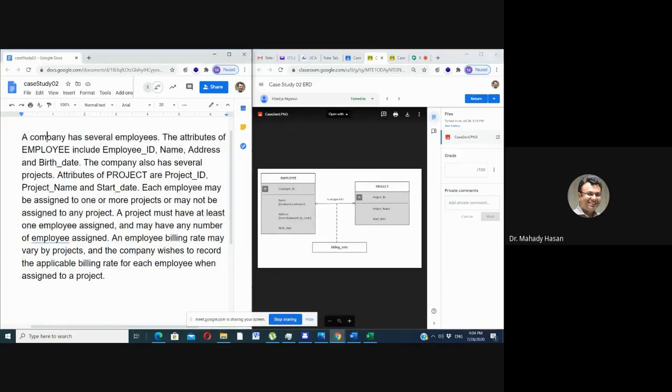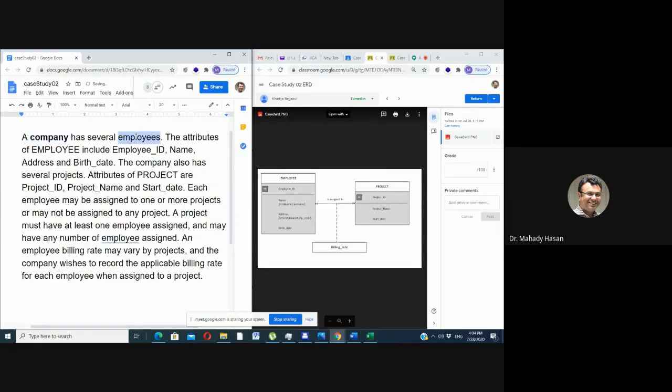Okay. So a company has several employees. So there is a chance for company being an entity, and employee could be an entity. The attributes of the employee include employee ID, name, address, birth date. The company also has several projects, so project could be an entity.